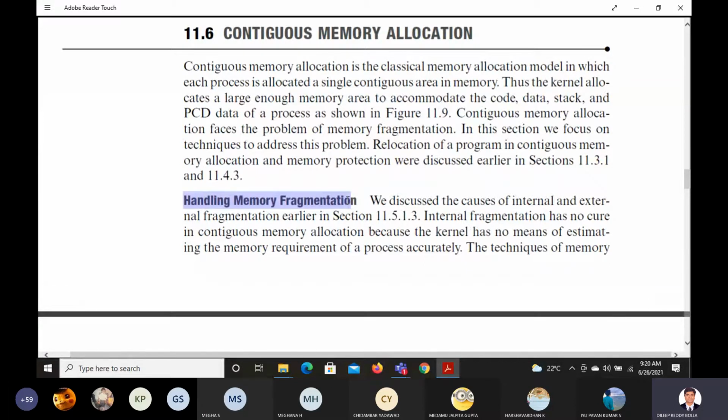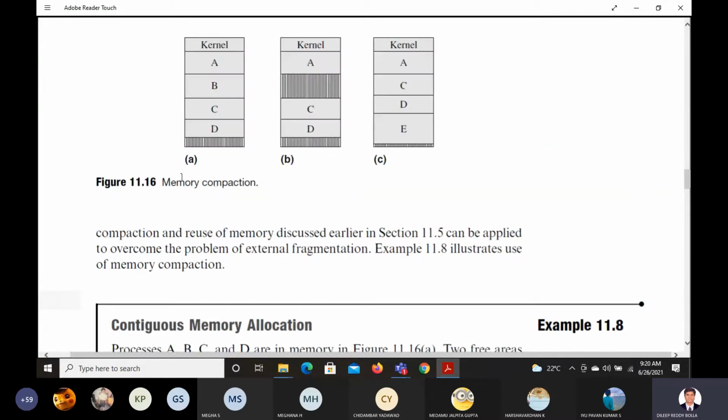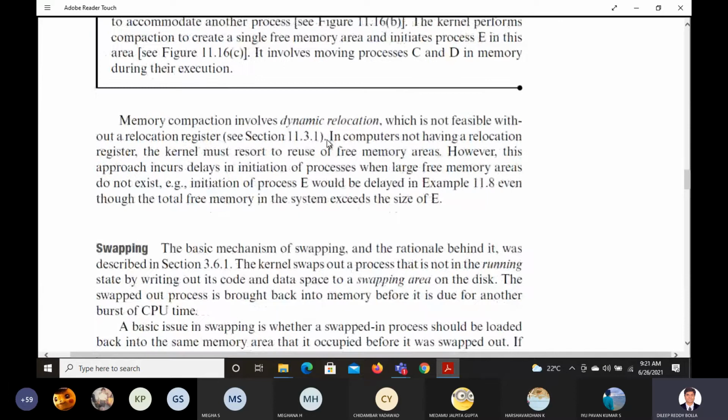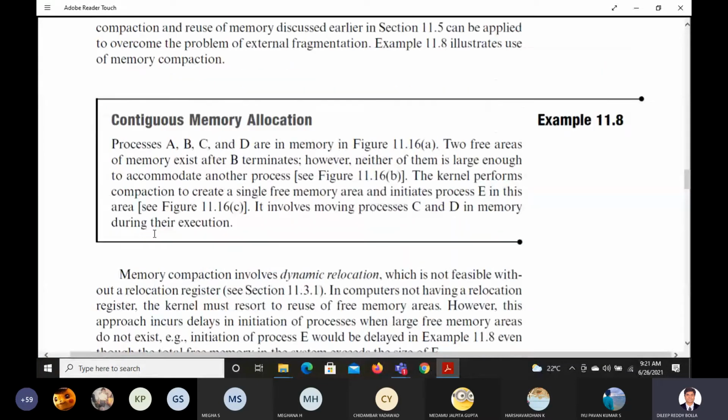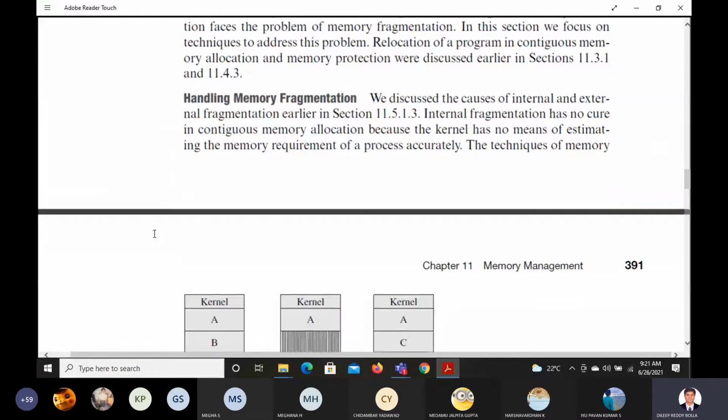How internal fragmentation occurs, how external fragmentation occurs, all that. Followed by memory compaction. What is memory compaction? You can understand by seeing these three diagrams. And next one more is swapping. Two things are there here to understand: memory compaction, swapping, and handling memory fragmentation. So three things. That's all.